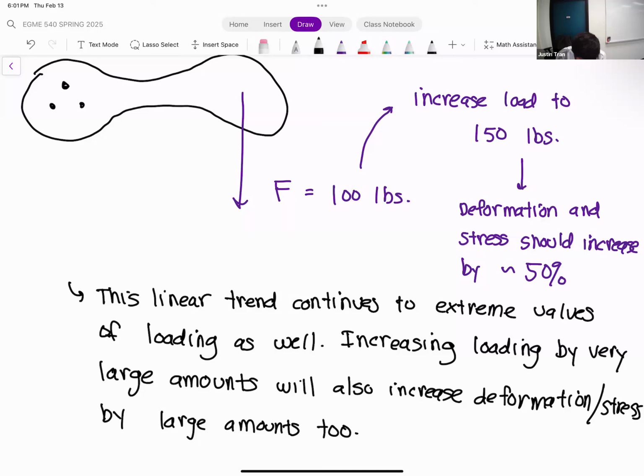Which you might be thinking, duh, that's exactly what you've been saying, right? The whole idea with the linearly elastic material is that you do get this kind of linear scaling increase, okay? But there is a limit to how much you can do this, because let me show you an example, right?